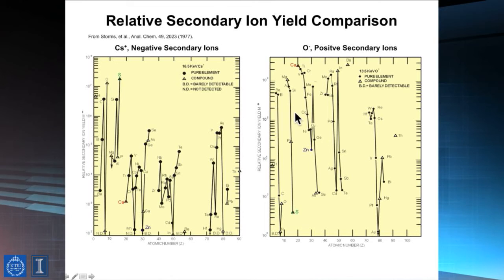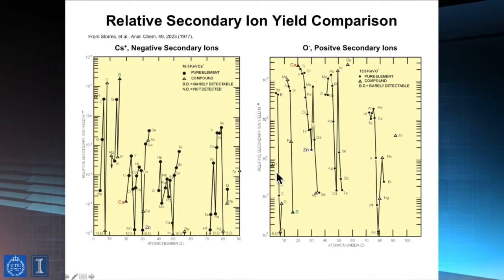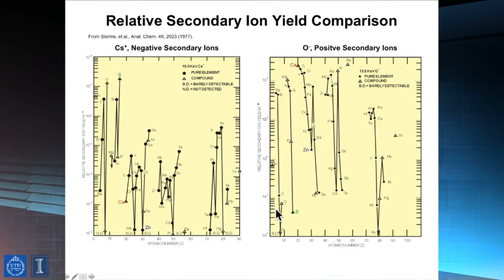And so just going from beryllium to nitrogen, right? On this one plot, you can see almost 4 orders of magnitude change in sensitivity. So these are phenomenal differences.